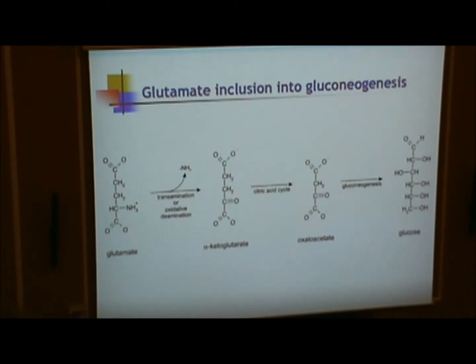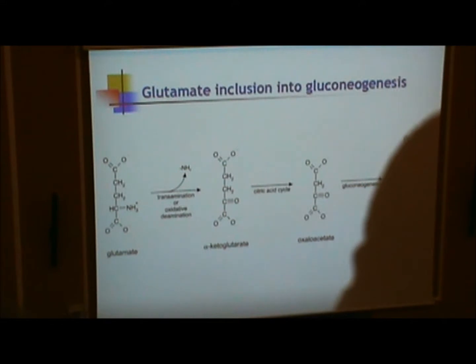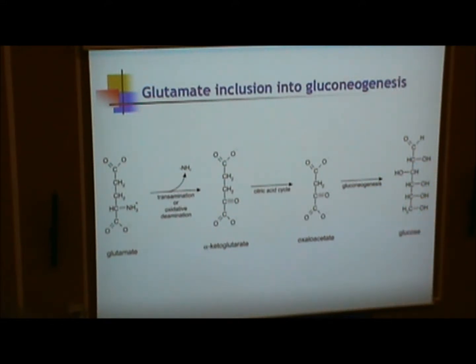The alpha-ketoglutarate enters the Krebs cycle or citric acid cycle, it means the same. It is submitted to oxidative decarboxylation. The carboxylic group is removed in the form of carbon dioxide, and the alpha-ketoglutarate is converted into oxalacetate. Oxalacetate is a metabolite of gluconeogenesis. It converts into glucose.